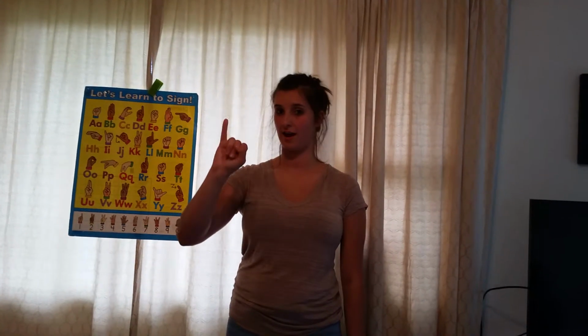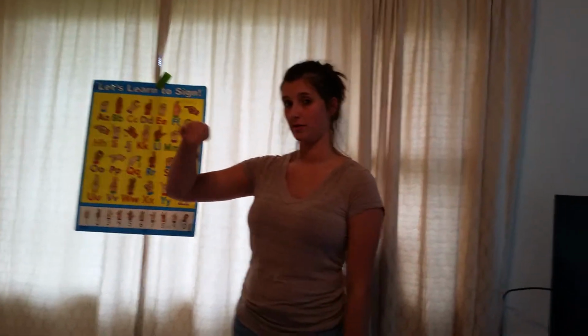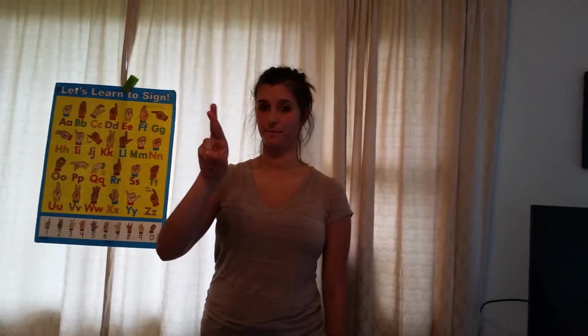H, I, swoop down for J, kind of make a little K for K. L, M, 3 fingers for M, 2 fingers for N. O, P. Now P is just the downward hand shape of the K. Q, R, S, your thumb is in front.